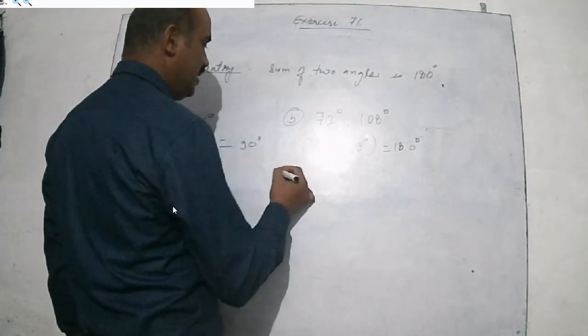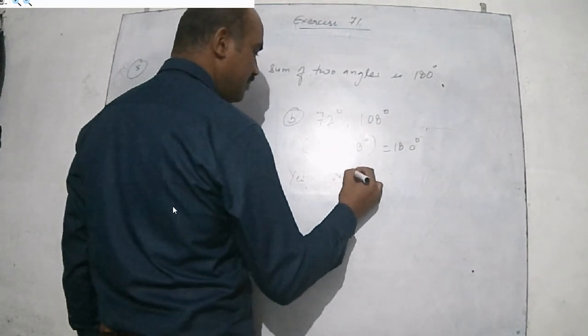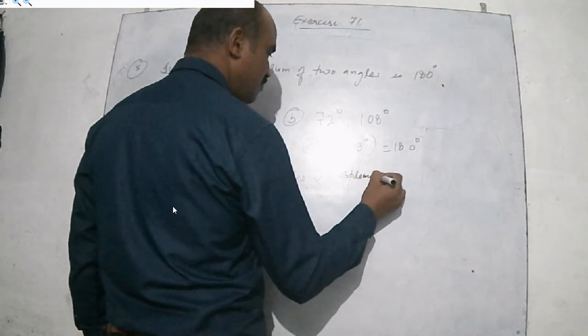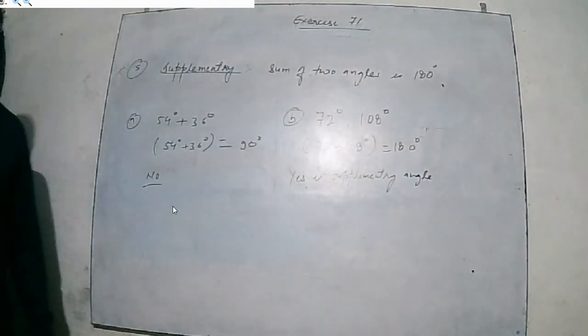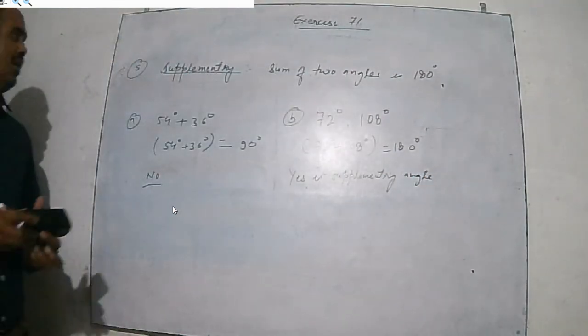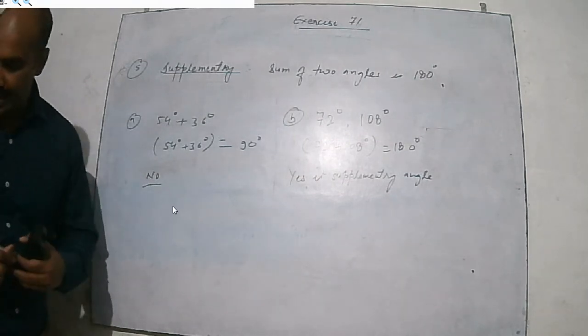Yes. Now here you have to write yes, it is supplementary. So in this way you have to find out supplementary angles and complementary angles. Hope that you understand that.